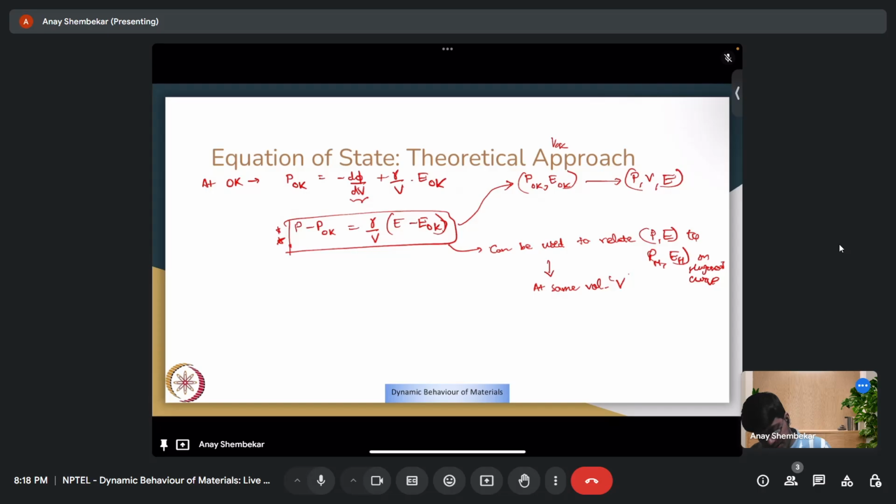From this we can write this as small change in pressure, written as gamma by V, small change in internal energy, which means gamma is V times the partial derivative of P with respect to E at constant specific volume. Now we do some mathematical jugglery between thermodynamic state variables.